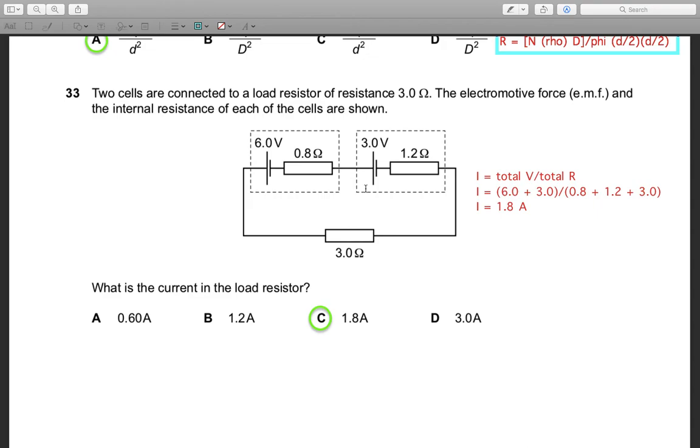So the voltage equals 6.0 plus 3.0, and the resistance, because this is a series circuit, we directly sum the resistors: 0.8 plus 1.2 plus 3, so we get 9 divided by 5, around 1.8 ampere.